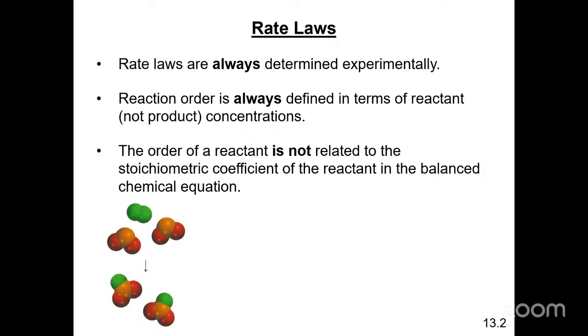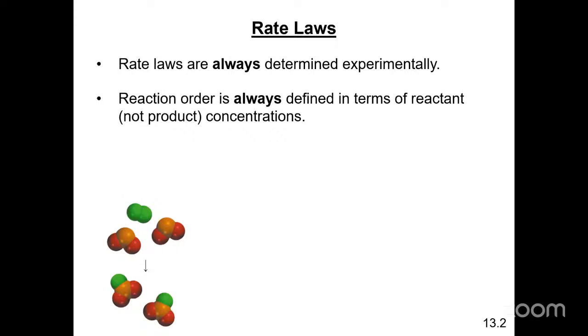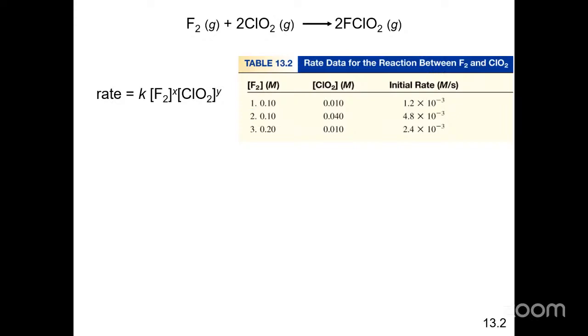All right? So for example, in this case here, remember we determined that y is equal to 1, right? But the coefficient of that same substance is 2, right? So there's no necessary correlation between the coefficient and the order of the reaction for that substance. Now, there are some instances where they're equal, but that is purely by coincidence, right?